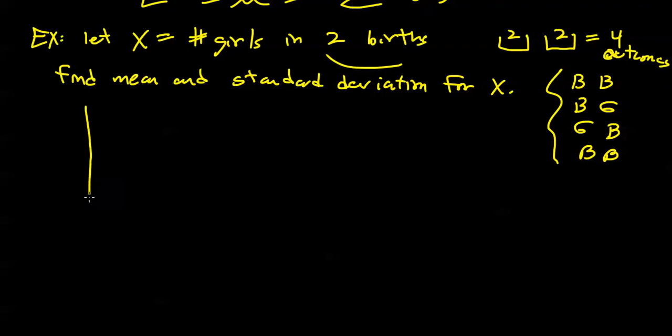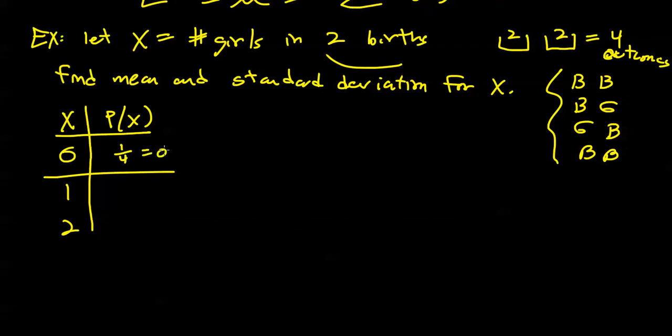Alright, first thing I'll need to do is construct the probability distribution. If I'm talking about number of girls in 2 births, I could have 0 girls, or 1 girl, or a maximum of 2 girls. Well, how many of these outcomes correspond to 0 girls? Well, that's 1. There's 1 out of 4 outcomes that is 0 girls. I'll decimalize it here, 0.25. Similarly, the probability of 2 girls in 2 births, that's 1 out of 4 outcomes, and that's 0.25.